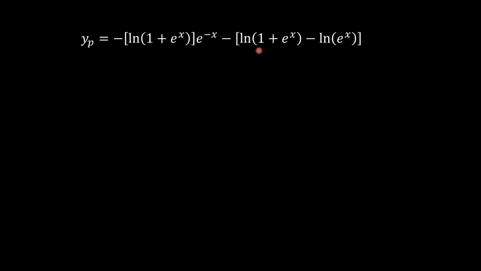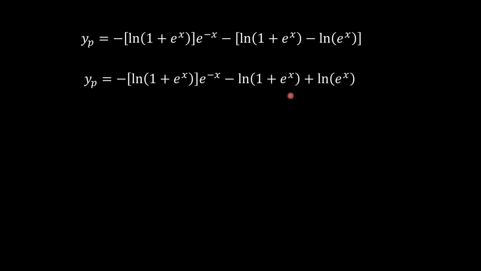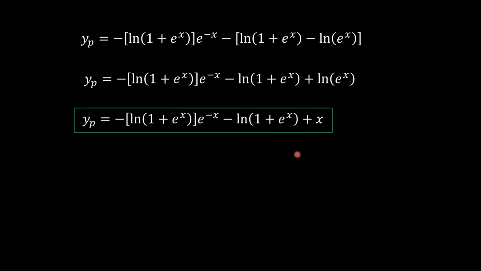Now take this minus sign inside the bracket, so at the end there will be a plus sign. Simplifying this last term again, it gives us x at the end, which is the required particular integral obtained using the general method.